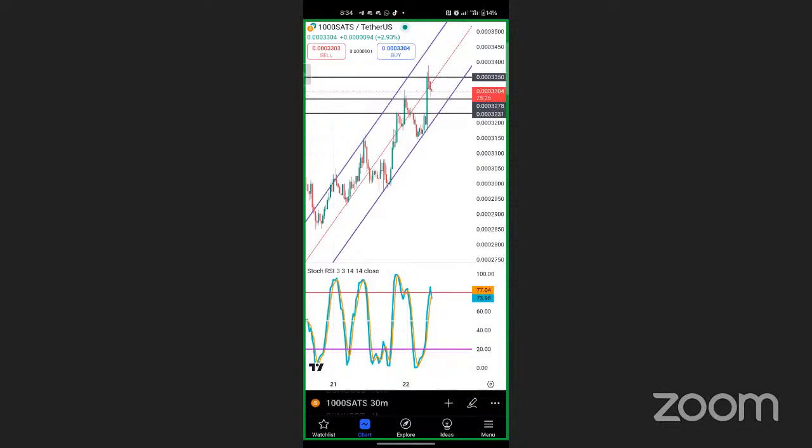So the channel has areas. Simple. Support, resistance. Once it breaks this one, this now becomes the support, and this becomes the resistance. Am I making sense?